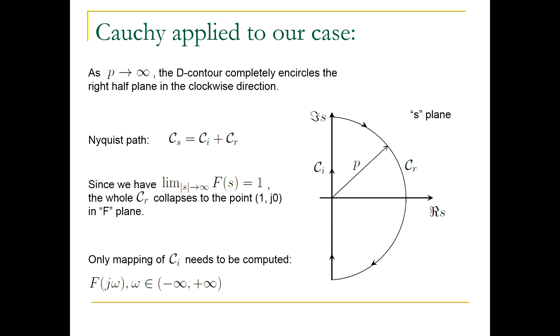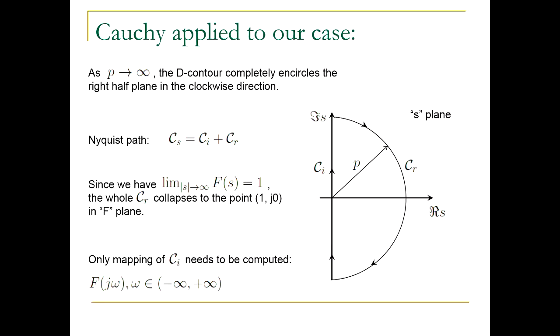So the whole CR collapses to this point 1, j0. The only mapping that we need to then consider, nothing interesting is happening here, because as we change s on this semicircle, we don't move. That doesn't play any role in encirclements of the origin in F plane. The only interesting thing is when we evaluate F on the imaginary axis, where omega changes from minus infinity to infinity.